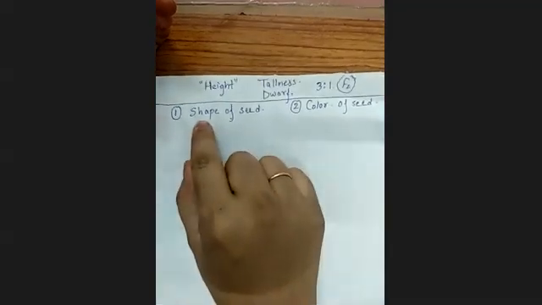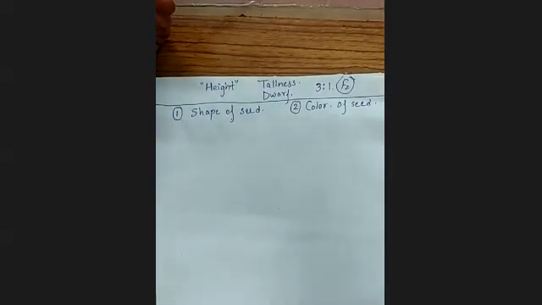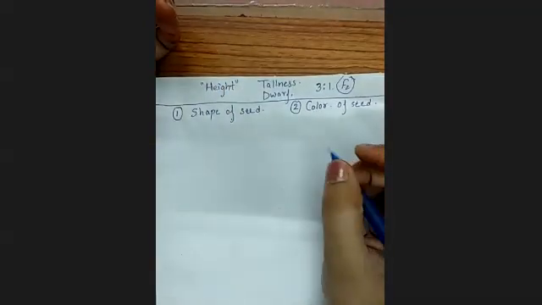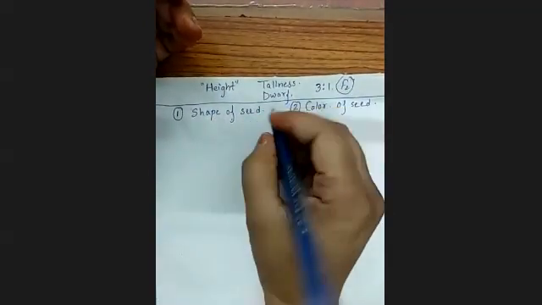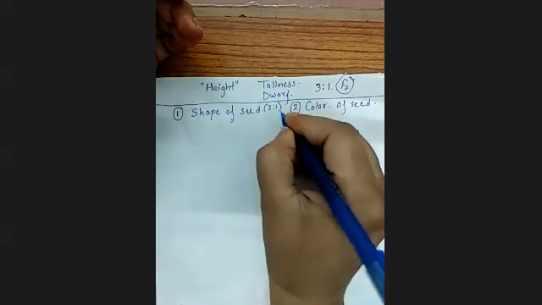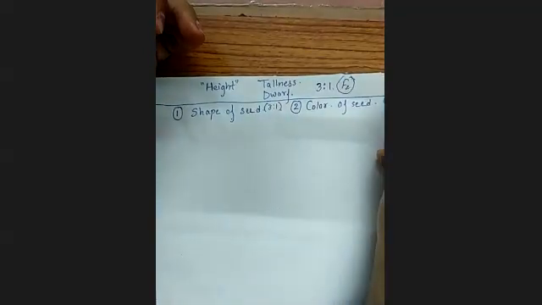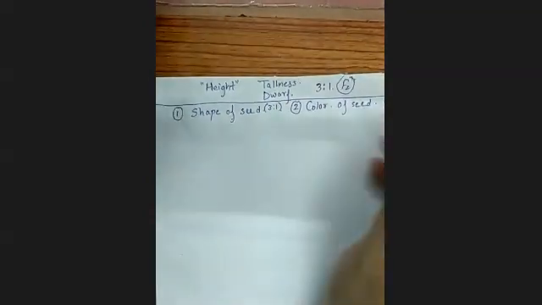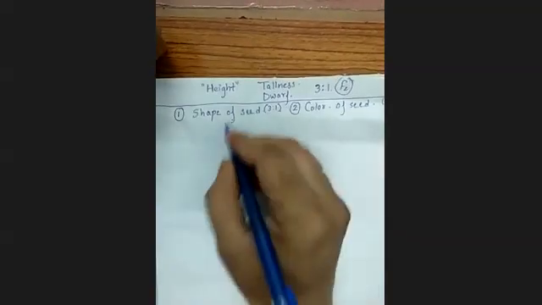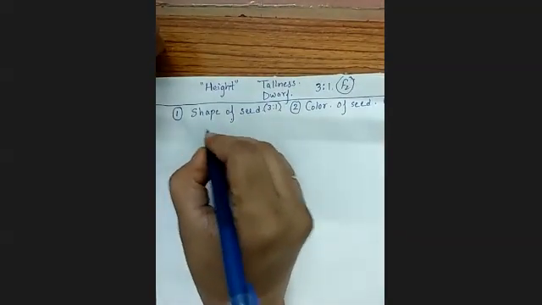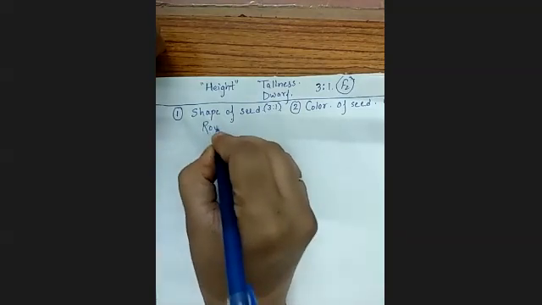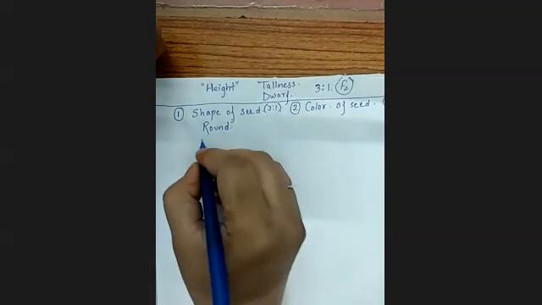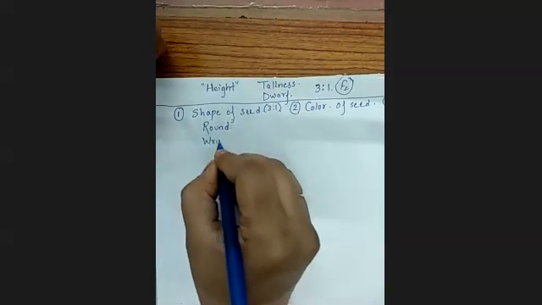For shape of seed also he got a 3:1 ratio, and for color of seed also, when studying individually, he got the same ratios for every character he studied. So for shape of seed, he decided to take round and wrinkled.